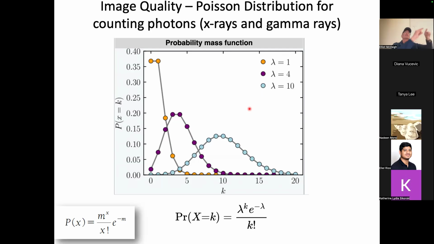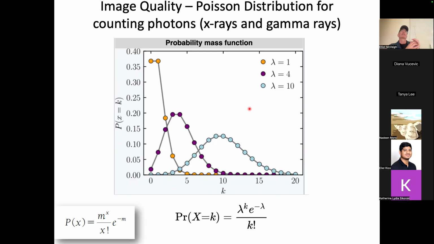The X-ray detector is an array of detector elements. You know, it could be 1,000 by 256 or something like that. So you now have a picture of that shadow. For each element in that detector array, you ask the question, how many X-rays did I detect when I flashed my X-ray to take the picture?